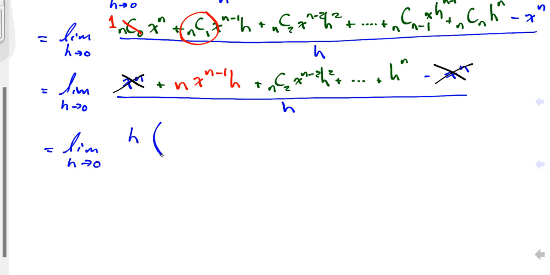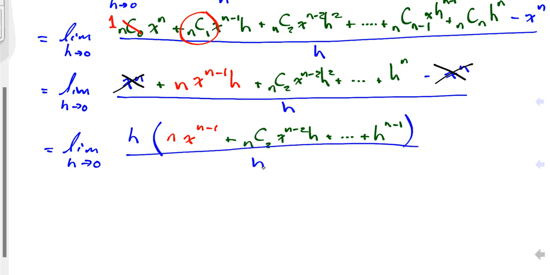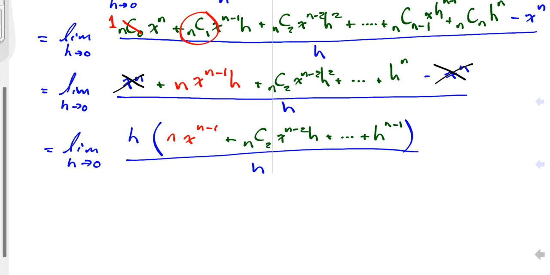So I'm going to factor out an h, and then I'll have n x to the n minus 1 plus n choose 2 x to the n minus 2, now h to the 1, plus all the in-between terms. And then I factored an h out from there, so I have a plus h to the n minus 1. All over h. Good?